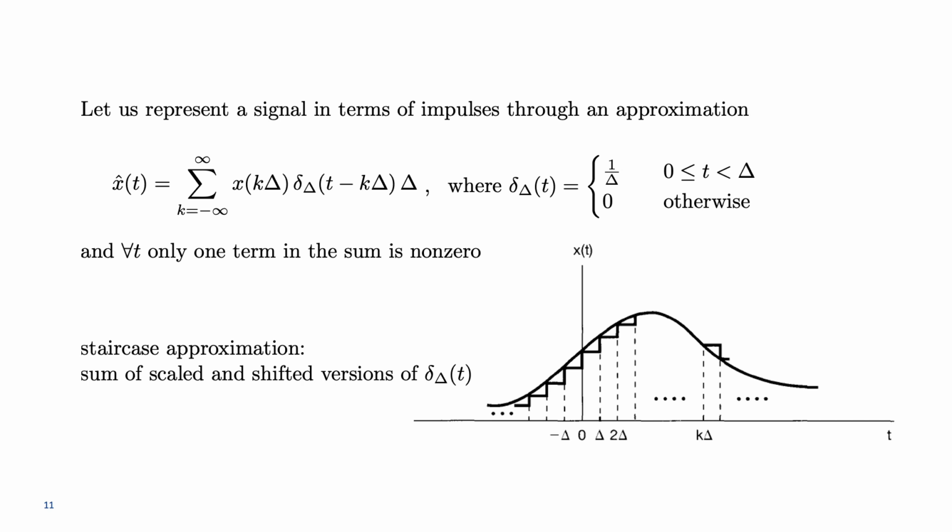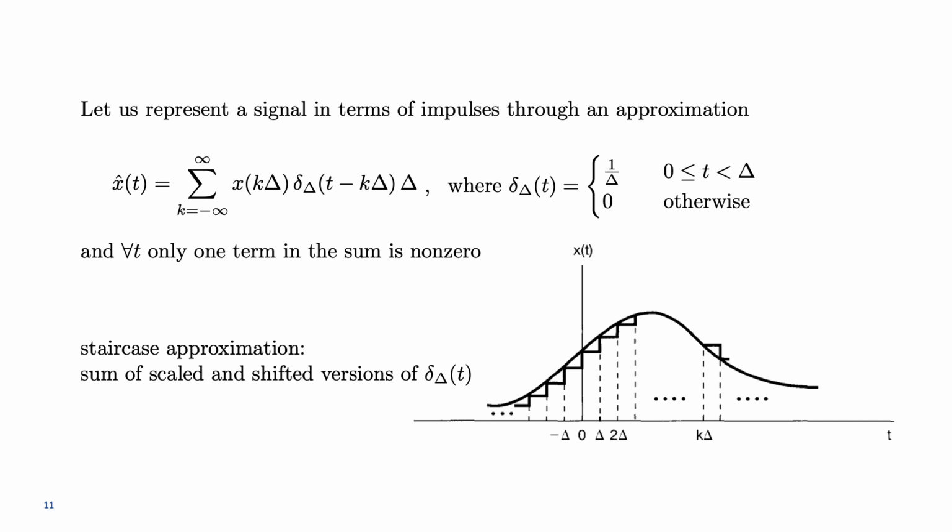Delta delta of t minus k delta are the impulses, and as you change the value of k, the impulse is located at a different position in time. So when k is 0, you have delta delta of t, which is between 0 and delta. When k is 1, you have delta delta of t minus delta, which is between delta and 2 delta, and so on and so forth, okay?